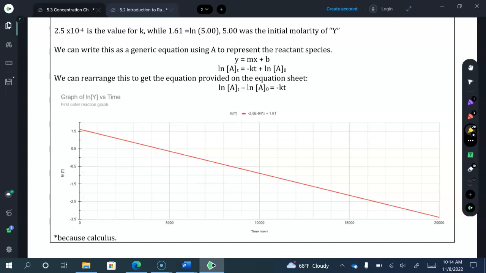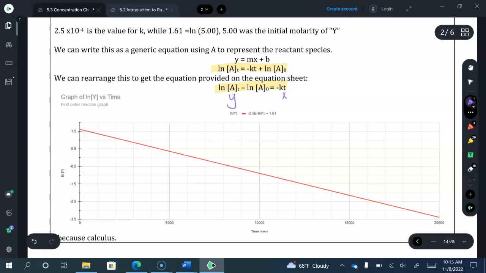So we can write this generic equation using A to represent the reactant species, where this one is the one for the graph and this one is the one that is on the equation sheet. It also has that same format where the natural log of the concentration at time t is your y and t is your x, where negative k is your slope, and k being the rate constant.